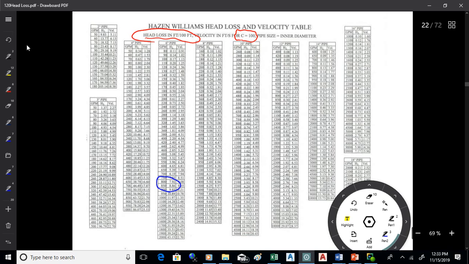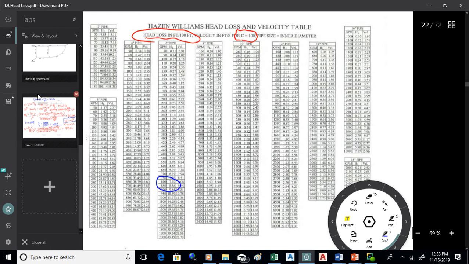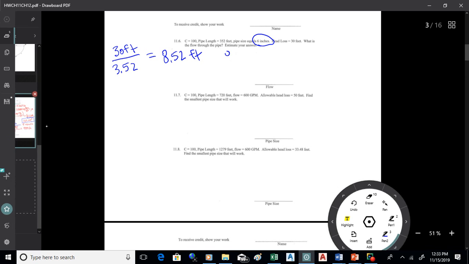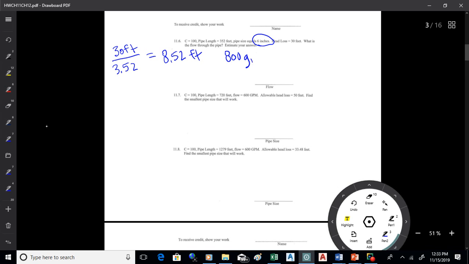So what you could do on this one is say, okay, 800 gallons per minute for 6-inch pipe has 7.92 feet, and 850 gallons per minute has 8.86 feet. Now I've got 8.52, so I'm pretty close to halfway between the two.